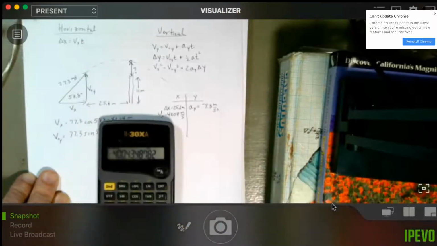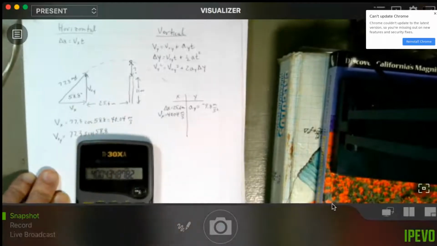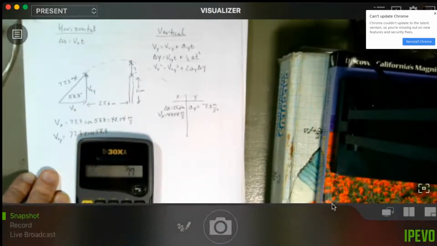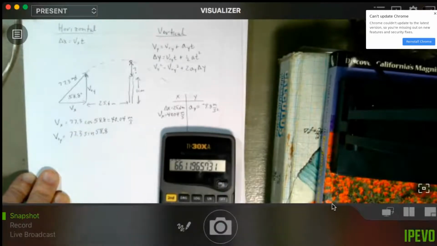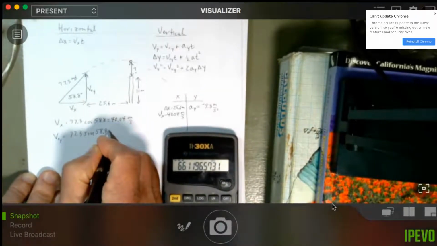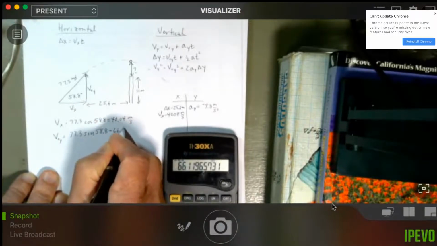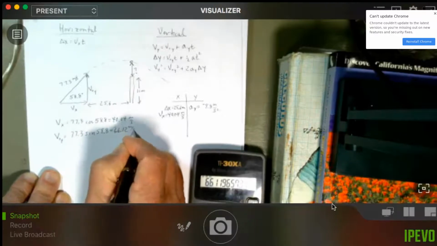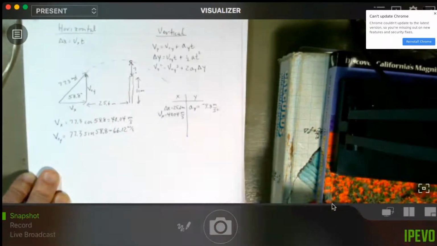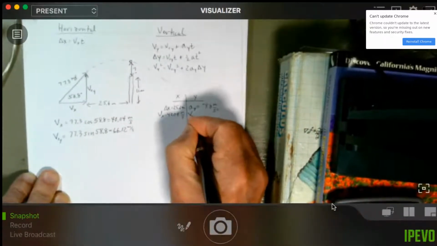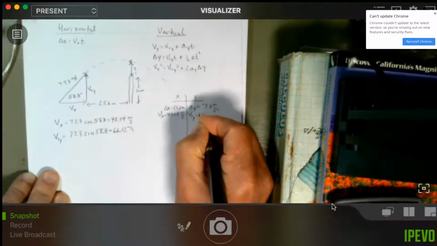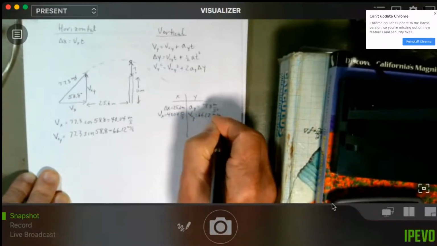So we've got 77.3 times sine 58.8 equals 66.12 meters per second. And that is going to go over here. So V0Y equals 66.12. And we have 4 givens now.